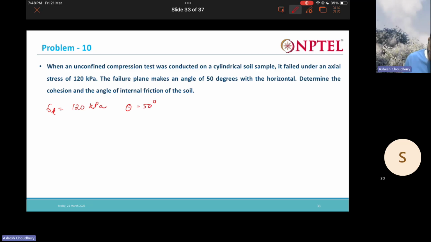Theta is equal to 50 degrees, so 45 plus phi/2 equals 50, which implies phi is equal to 10 degrees. So sigma 1 is equal to sigma 3 tan squared (45 plus phi/2) plus 2c tan (45 plus phi/2).